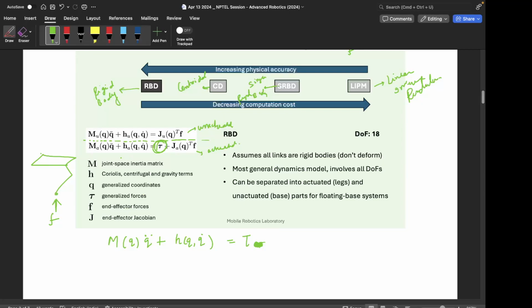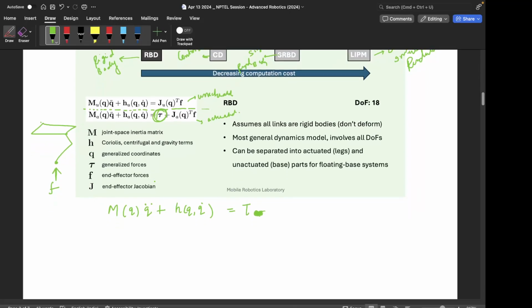So this basically is the most general dynamical model of a legged robot, and involves all the 18 degrees of freedom. But using these is also quite computationally heavy, like using this in formulations, optimizations, etc. Right.